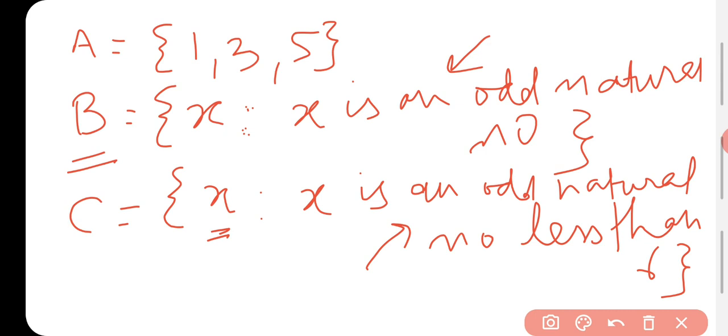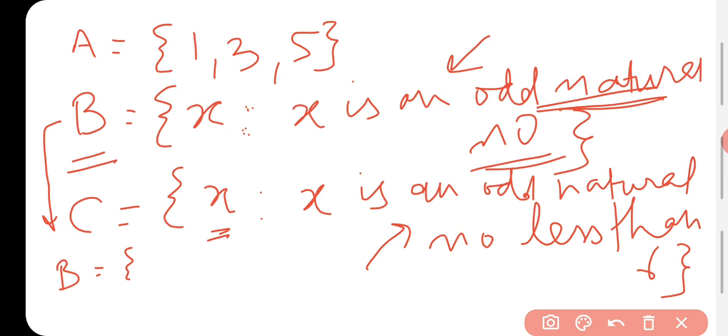The elements 1, 3, 5. In set B, all odd natural numbers, but we have infinitely many odd natural numbers, so we can write it starting with 1, 3, 5 and so on up to n times. Clear?